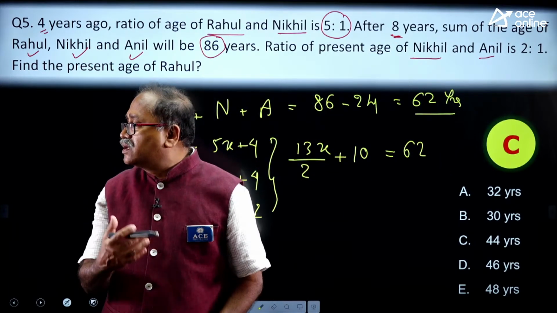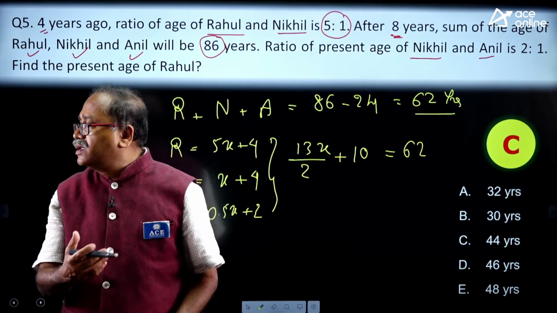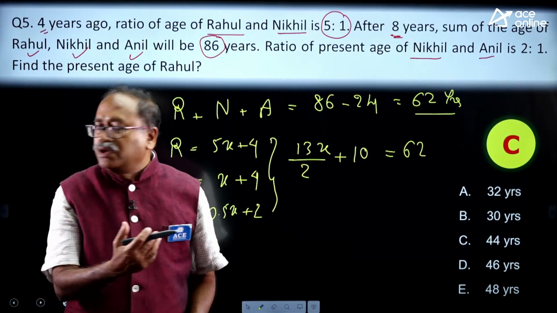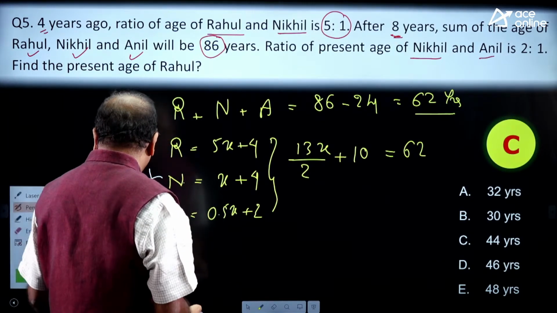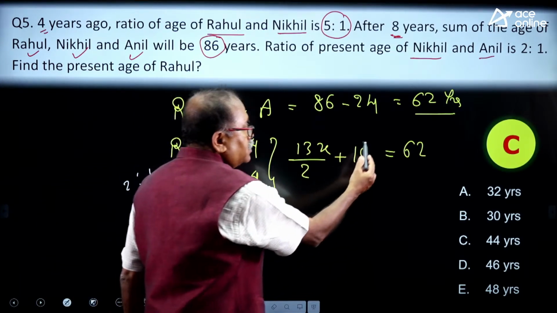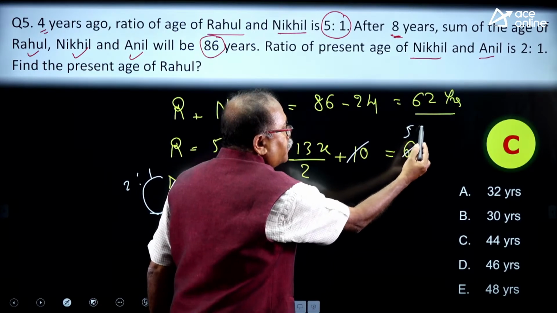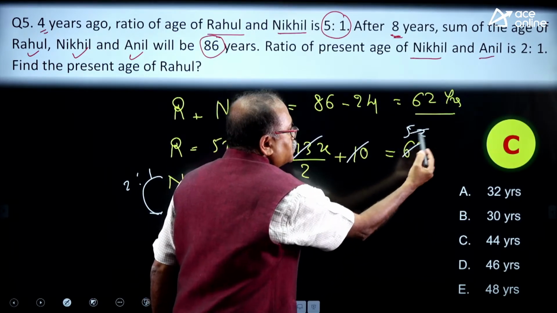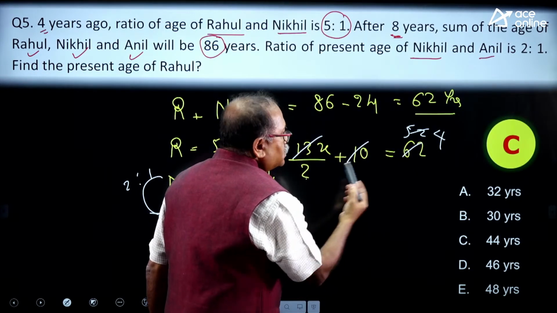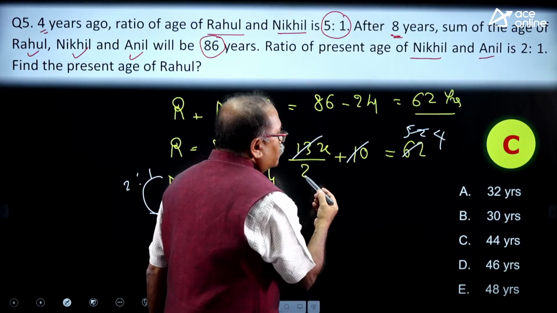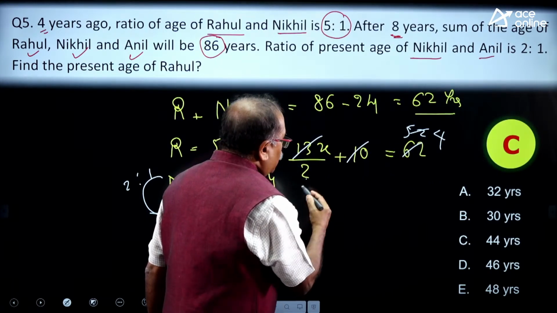By solving this, I hope Dharni will also answer the question. Anusha has also already said the answer. Okay, when I take this 10 to the other side, this becomes 52. With 13, this gets cancelled 4 times. And this is 2. So x is equal to 2 into 4, that is 8.